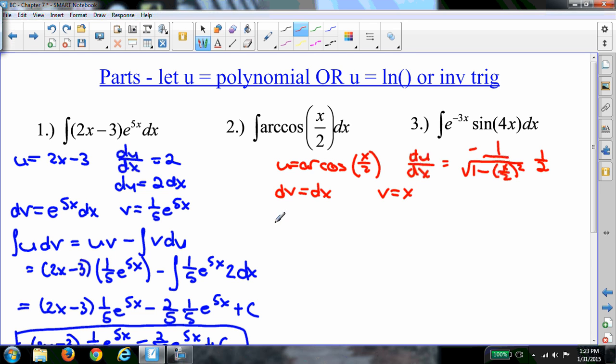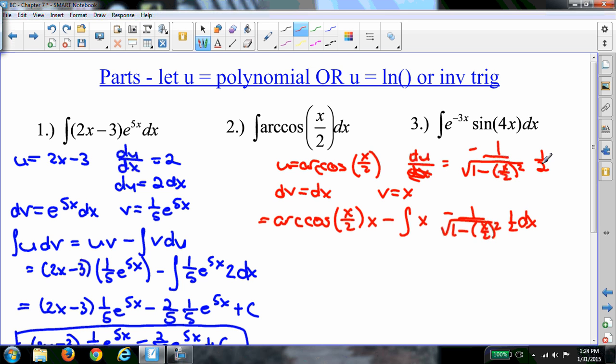So in our formula uv minus integral of v du, we have arc cosine of x over 2 times x minus the integral of v, which is x, times du, which is negative 1 over square root of 1 minus x over 2 squared times 1/2 dx.